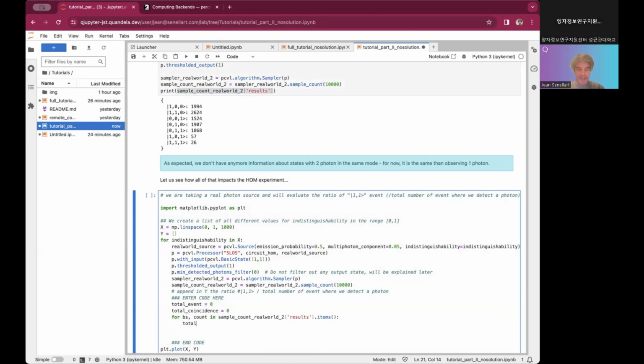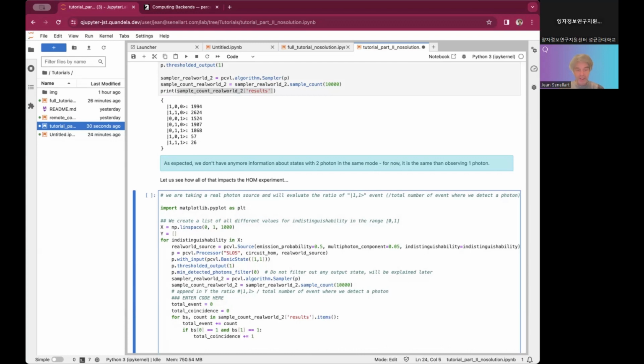Every time, I increase my number of events by plus equal counts, and I can check if I have a coincidence. That means that my basic state mode 0 equals 1 and mode 1 equals 1. This is the definition of a coincidence, so total coincidence plus equal count.